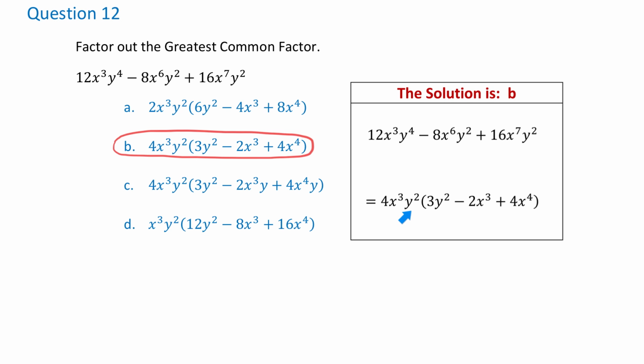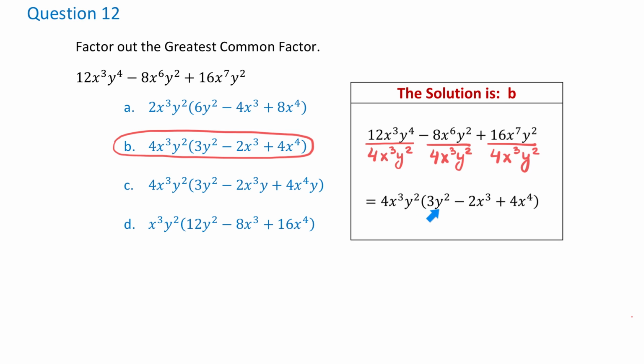the second power. Now, to understand what is left inside the parentheses, one easy technique is to divide each of these terms by 4x cubed y squared. Then in the first term, 12 divided by 4 is 3, x cubed cancels, and y to the fourth power divided by y squared is y squared.